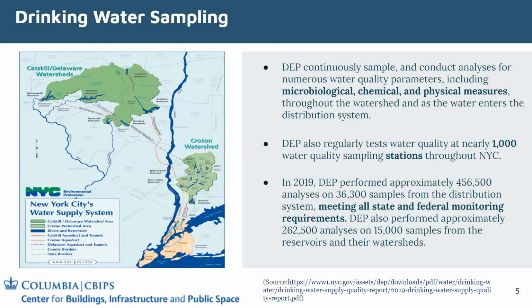The DEP also regularly tests water quality at nearly 1,000 water quality sampling stations throughout New York City. In 2019, DEP performed approximately 456,500 analyses on 36,300 samples from the distribution system, meeting all state and federal monitoring requirements. They also perform a lot of analysis on the samples that are collected from the large reservoirs and the watersheds.